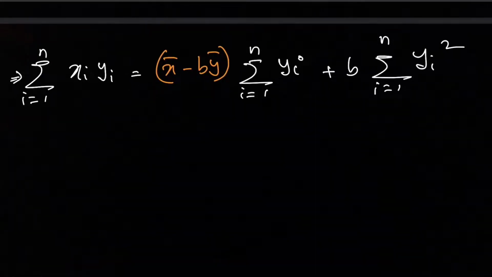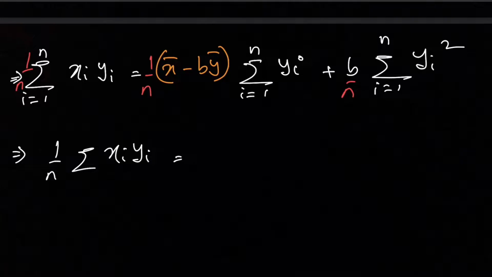By the way, dividing the entire thing also by 1 by n, this one becomes 1 by n summation xi yi.